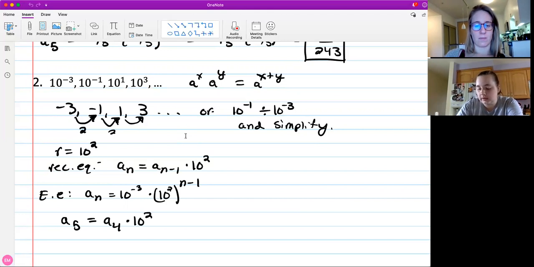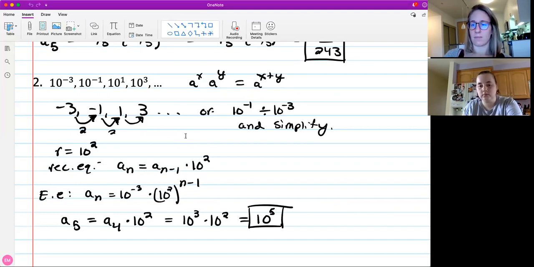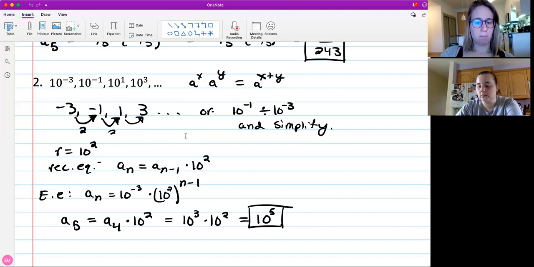And we know that a_4 is 10 cubed times 10 squared. So our next term would be 10 to the 5th. Just like that.